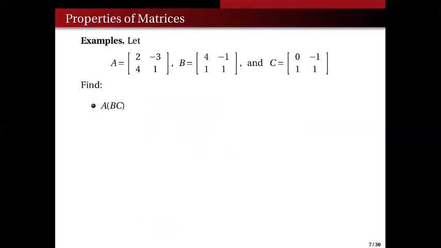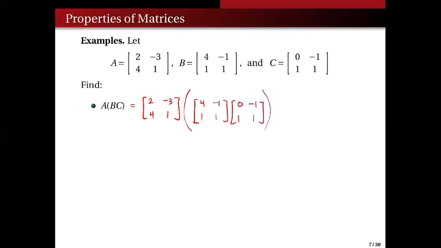For this, let's have A times BC. So you have A first: 2, negative 3, 4, 1. And then you multiply BC. So 4, negative 1, 1, 1, multiplied to 0, negative 1, 1, 1.